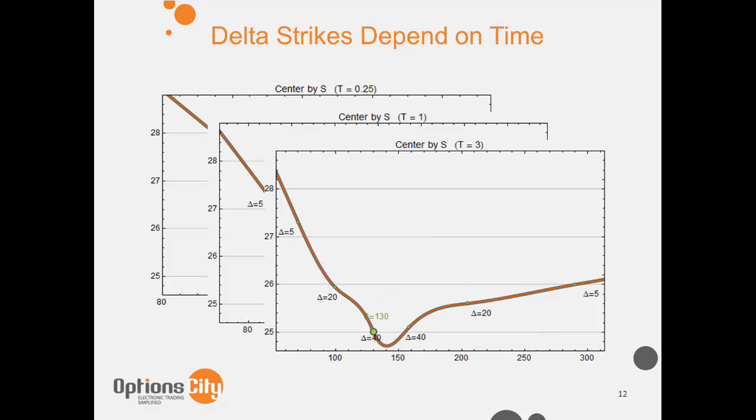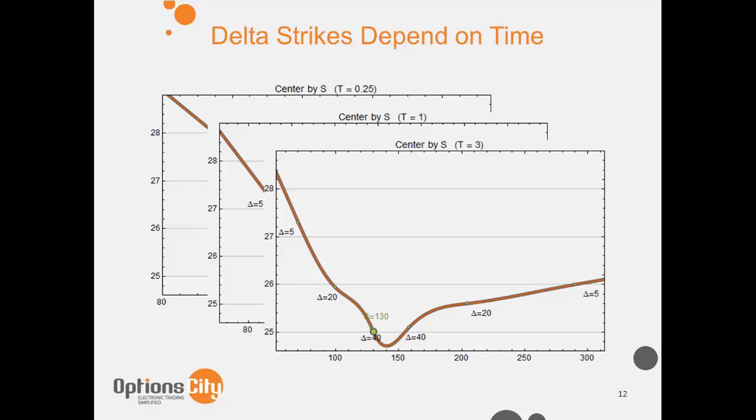But as we go further in time, to longer dated expiration contracts, we can actually have issues with the underlying getting too close to those points. And that basically forces you, for longer dated contracts, to use a lower delta, maybe a 30 delta instead of a 40 delta.